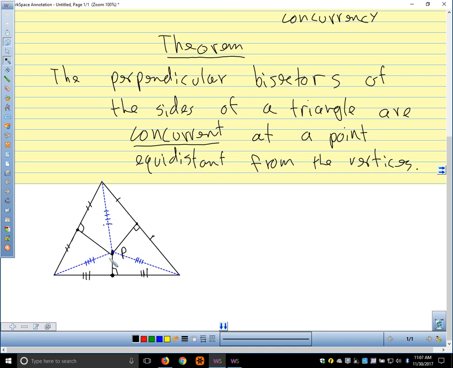So we call this point of concurrency the circumcenter.